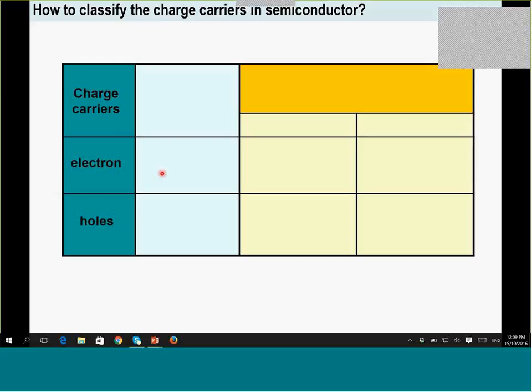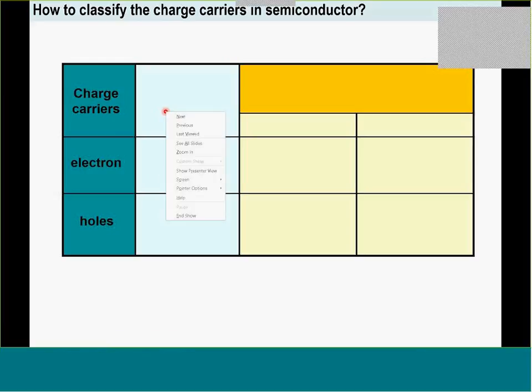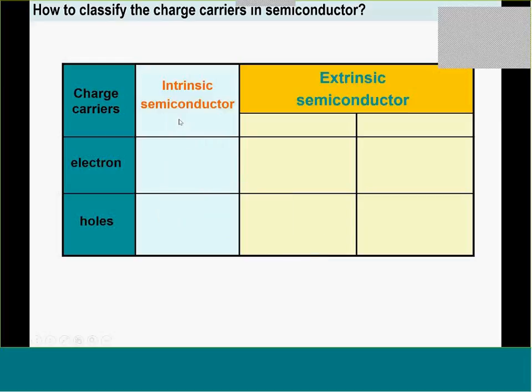And of course, we know that there are two types of semiconductor, intrinsic and extrinsic. As for the extrinsic semiconductor, we know that there are N and P types.